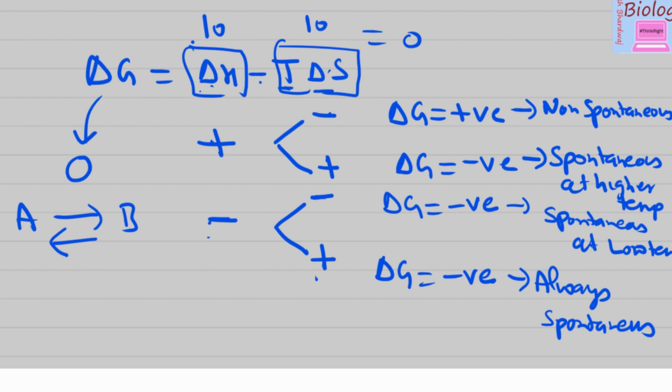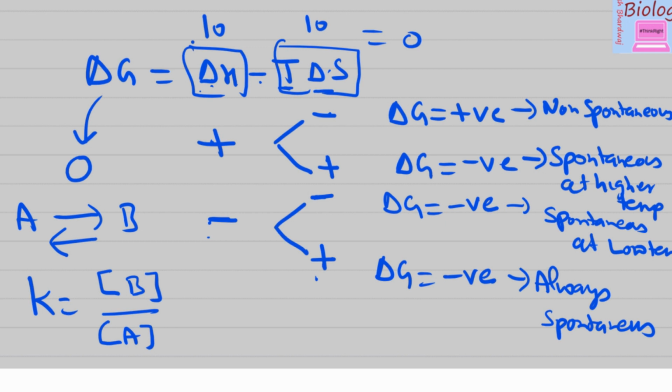Every reaction has a different constant, and that constant is known as K. It can easily be calculated: K, the equilibrium constant, will be the concentration of B divided by the concentration of A.